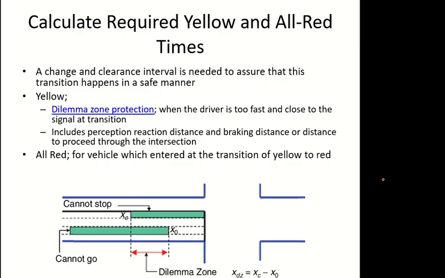If you are very close to the signal, obviously you will not stop. If you are just 10 meters away from the signal, your natural reaction is I will not stop, I will just move. If you are very far from the signal, already 100 meters away, and the signal is yellow, you will most definitely stop.